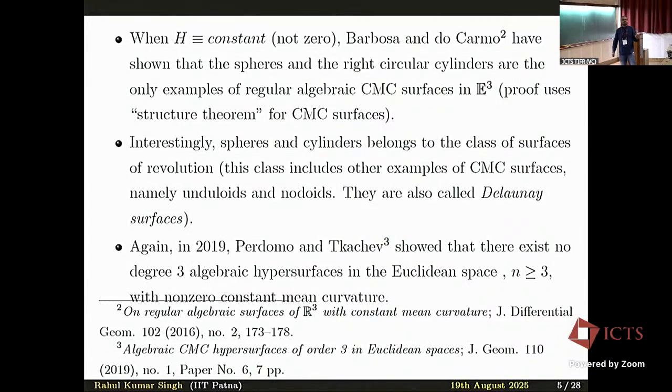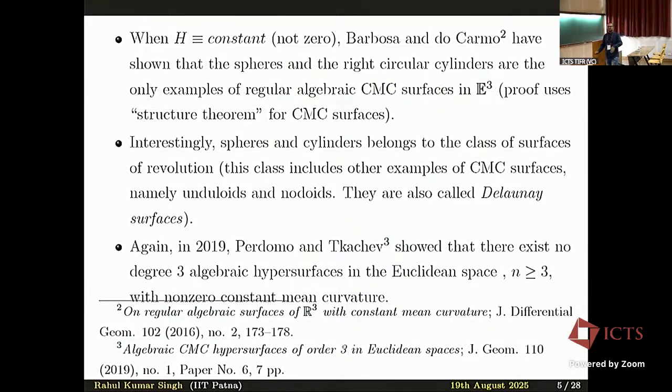So the conjecture was that the only examples of constant mean curvature regular algebraic surfaces in R^(n+1) are n-dimensional spheres or cylinders.